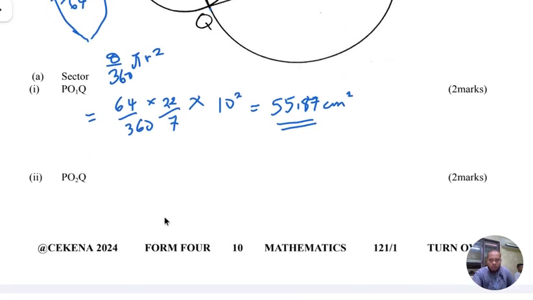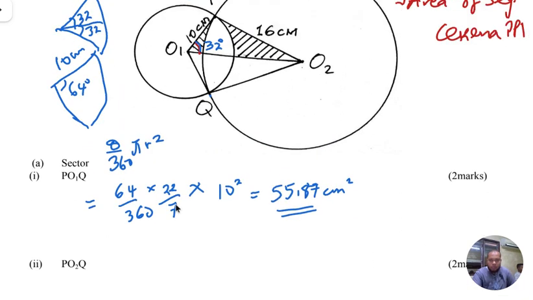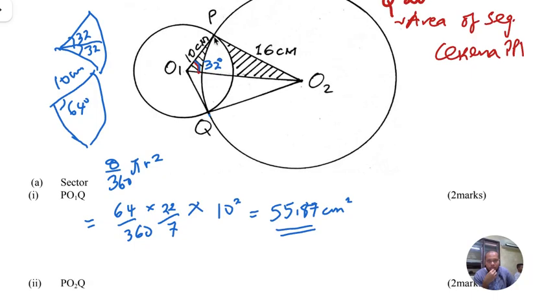Kuenda kwa swali lingine, umeambiwa PO2Q. Utafuta sasa sector hii hapa. So this sector angle yake hujui, wajua kitu ambao wajua ni 16 cm, but you don't know its angle. And how do you find its angle?